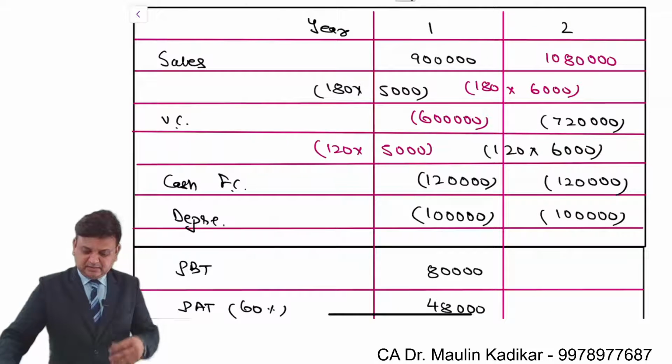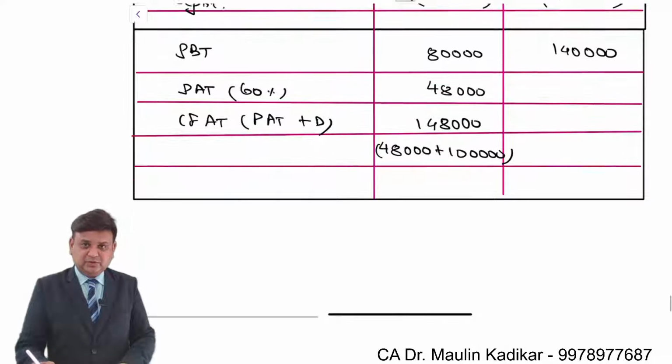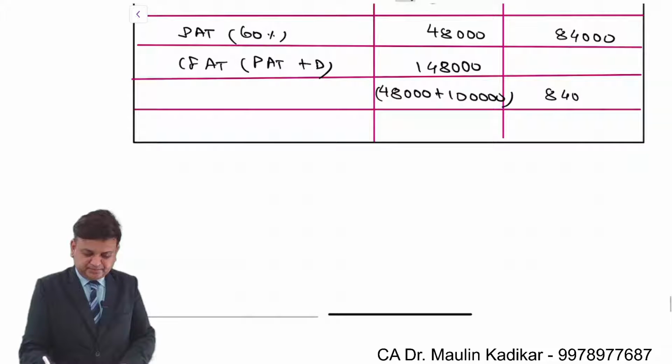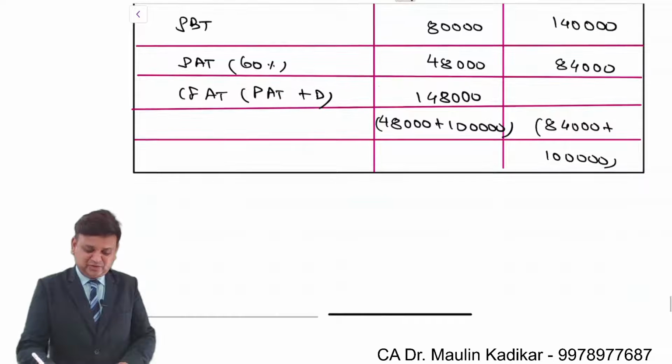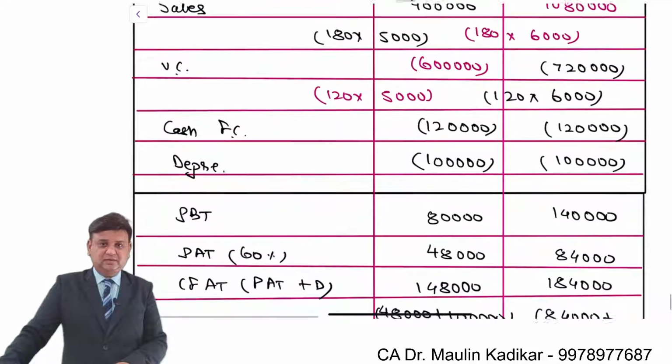So 1080 minus 720 minus 120 minus 1 lakh. So it is 1,40,000 into 0.6, 84,000. 84,000 plus 1 lakh, it is 1,84,000. This is the way the CFAT for the first year and second year can be calculated.